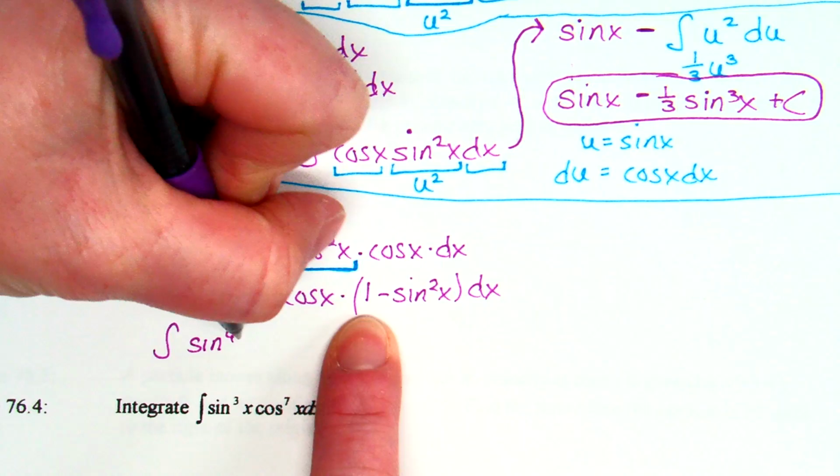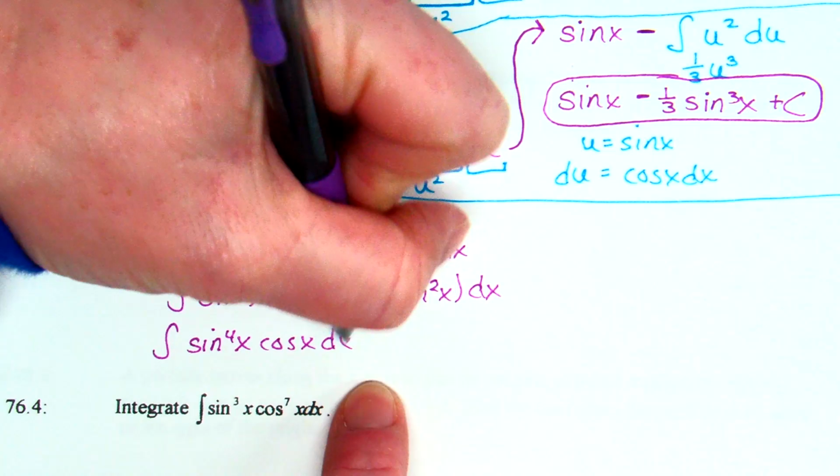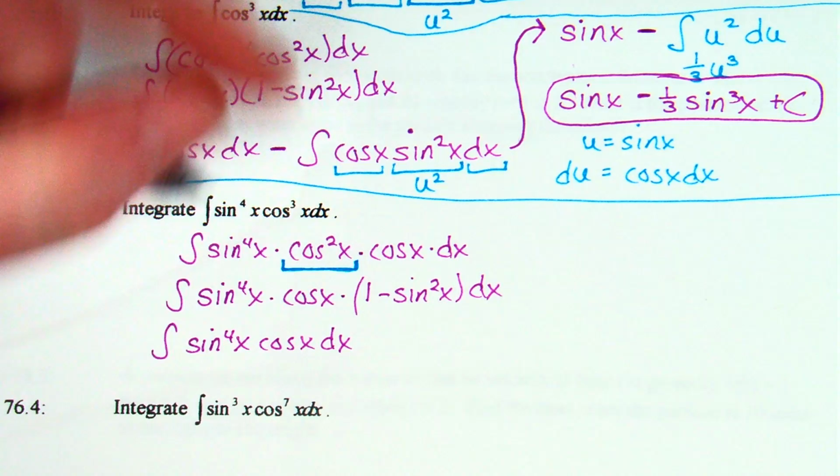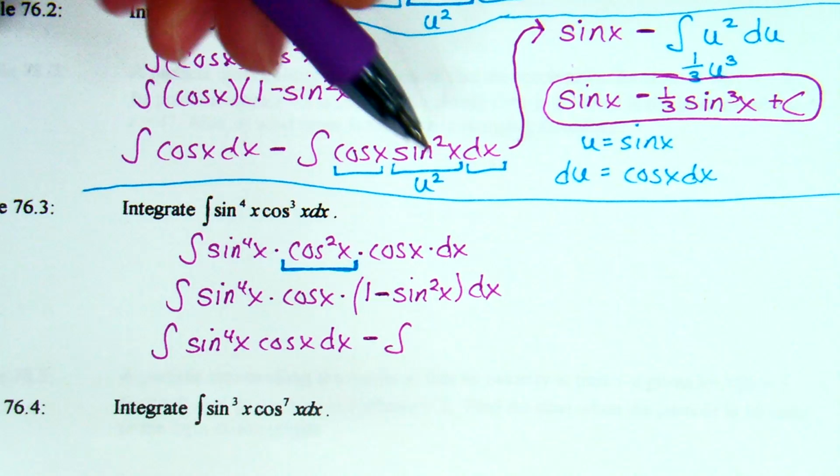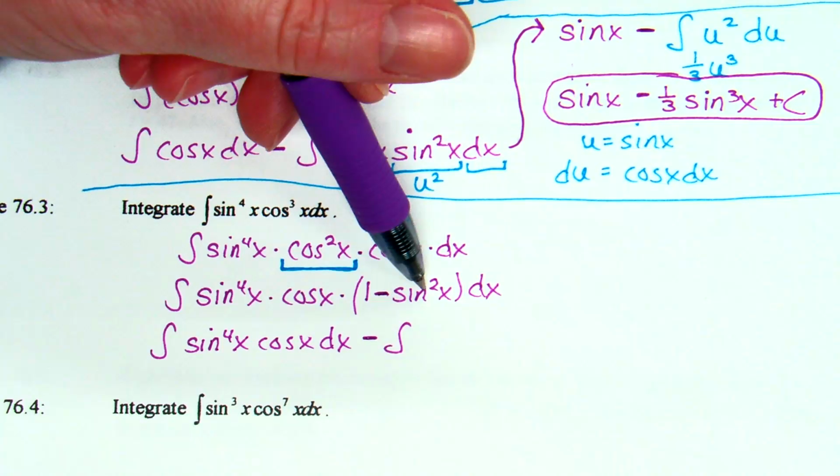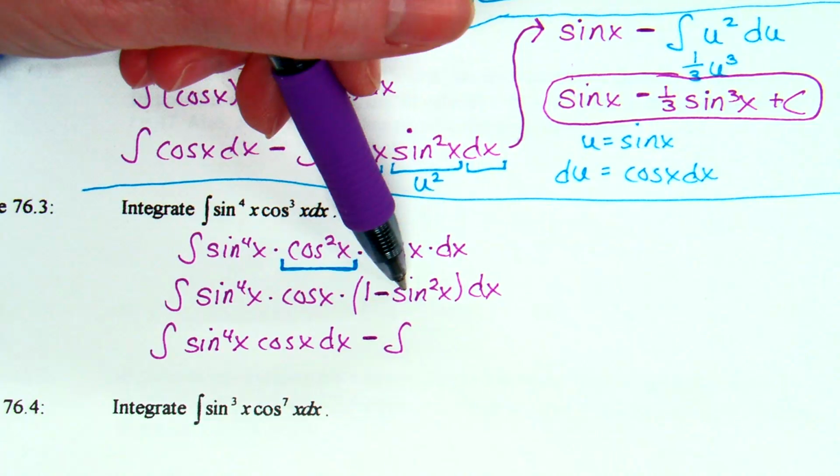And now there's my minus. This time I'm taking sine to the fourth x cosine x, and I'm multiplying it by sine squared. So what's my sine power now? I'm going to have sine to the sixth. We still have a cosine x and a dx.